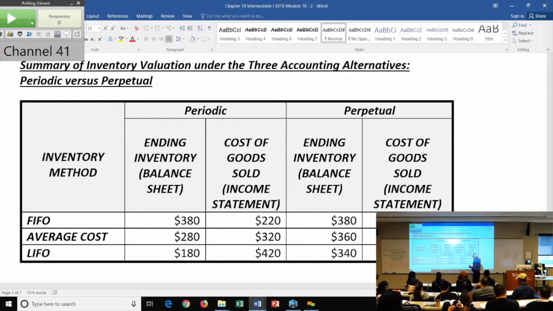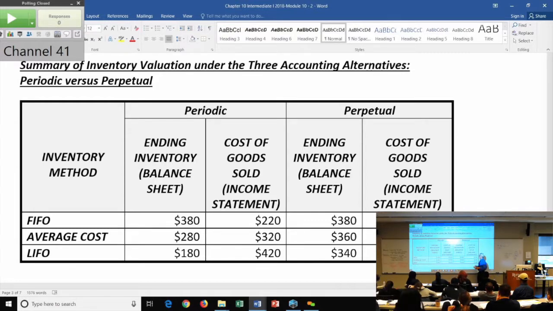So, if I have, whether it's periodic or perpetual, you can see that we are, again, trading off this balance sheet or income statement objective. First of all, let me remind you that FIFO Periodic and FIFO Perpetual will give you the same result, because FIFO is a natural perpetual approach.